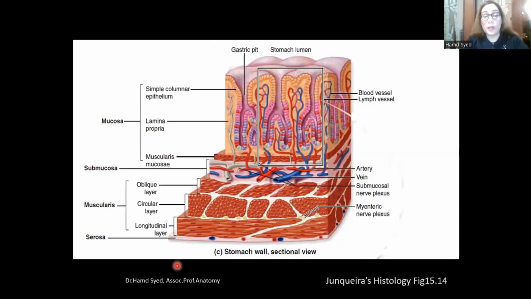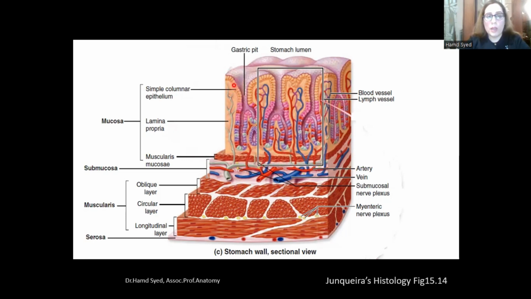This is a very simple diagrammatic representation of the 4 layers of the stomach, which I just discussed with you. So the innermost layer here is the mucosa. Its constituents are simple columnar epithelium, below that the lamina propria, and here you can see the continuous muscularis mucosae.